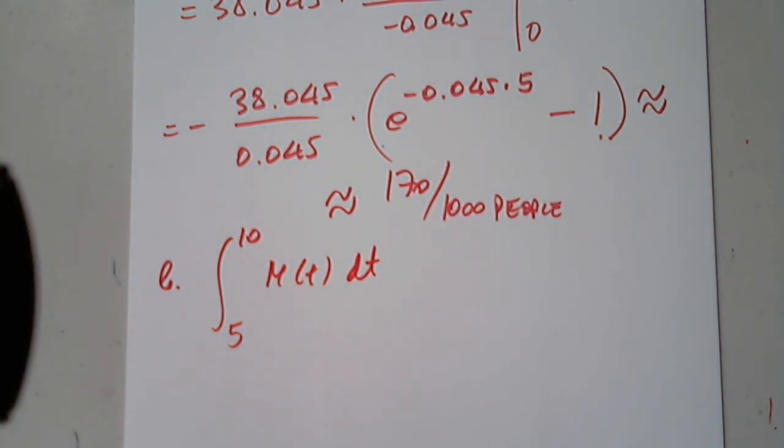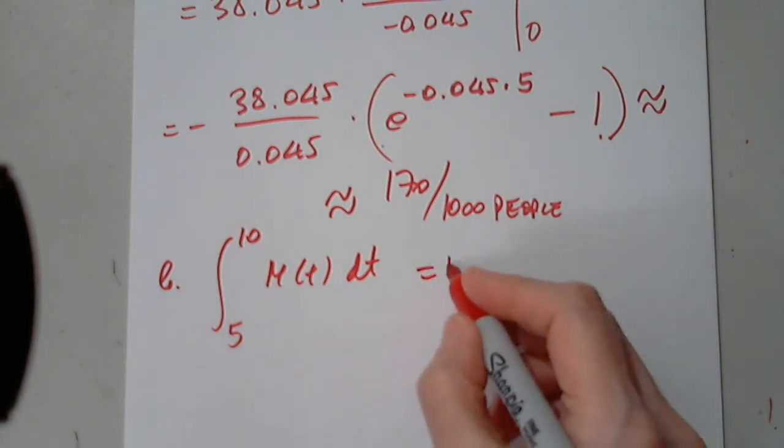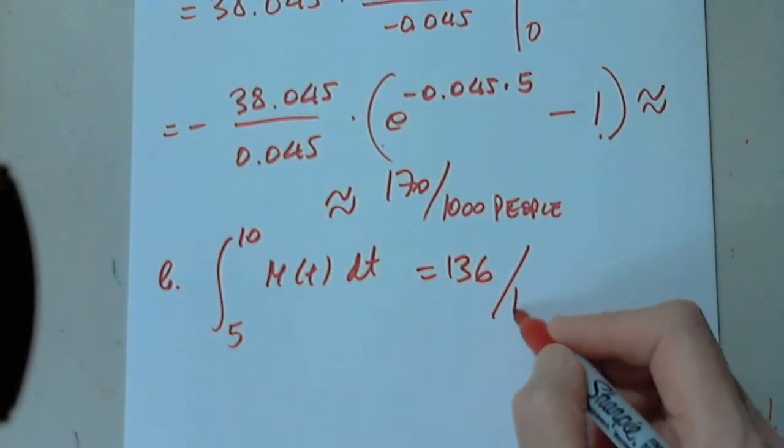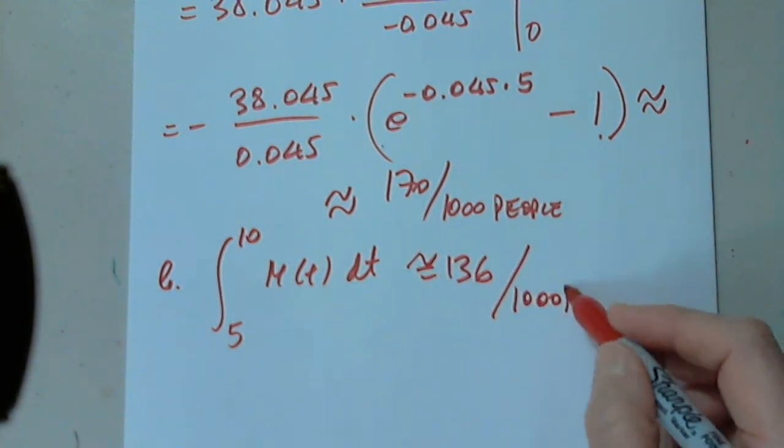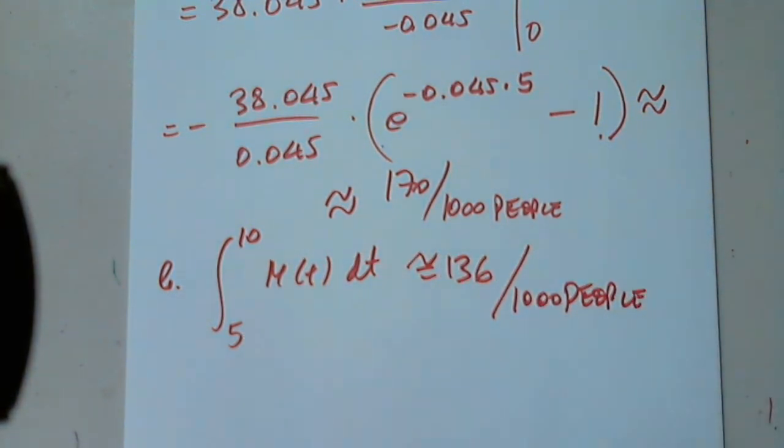So since we're here and we have everything right here, I'm just going to change this to 10 and this to 5 and get the answer. Okay, so this is 136 per thousand people. Divorces per thousand people. Okay.